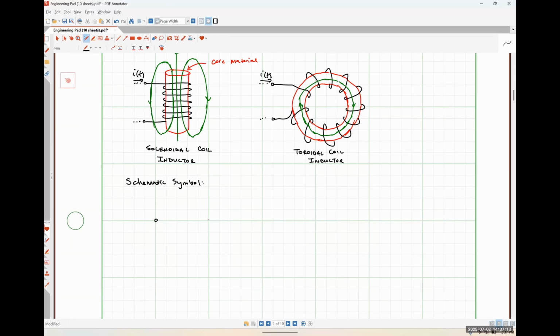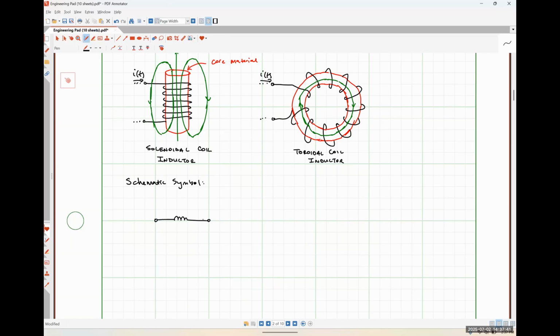So our inductor is a two-terminal element, just like our resistors and our voltage and current sources. And we draw our symbol like this. So what it is literally just a coil of wire. That's all that the symbol represents. And that's because in its most basic form, that's literally all an inductor actually is, just some coil of wire.